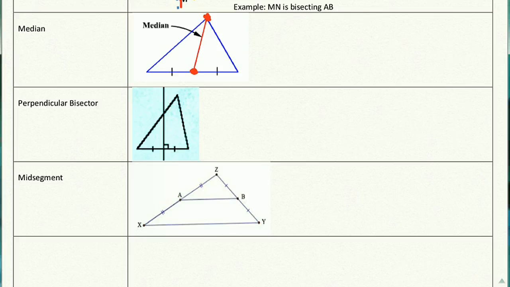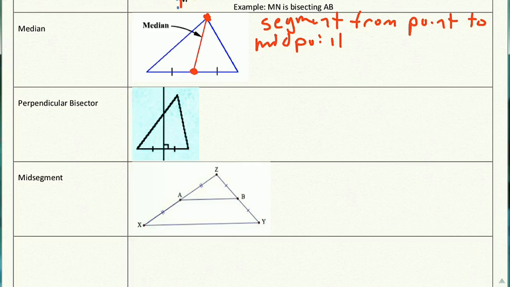So if we were to write that out, it goes from a segment from a point to a midpoint on the opposite side.